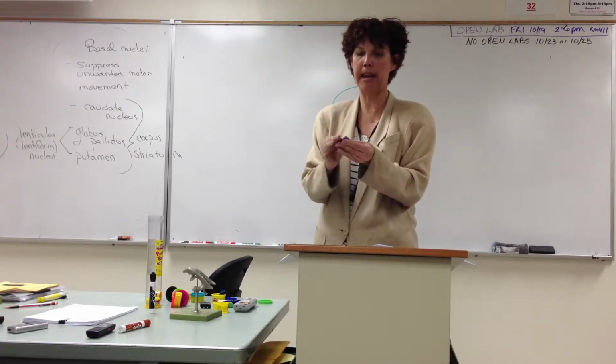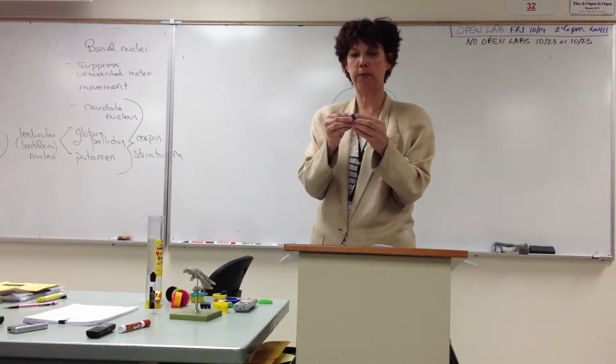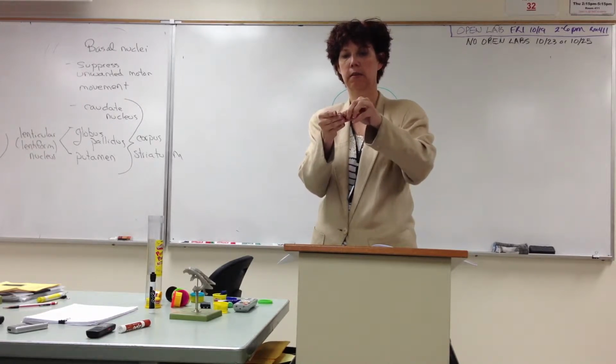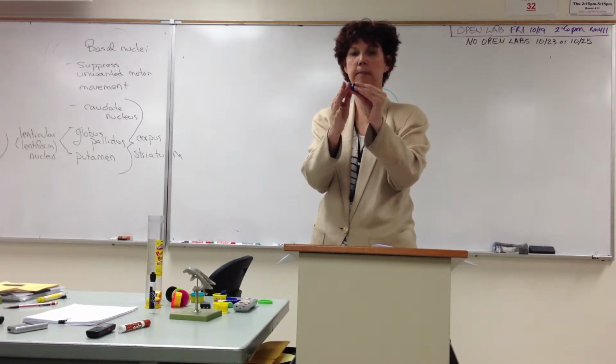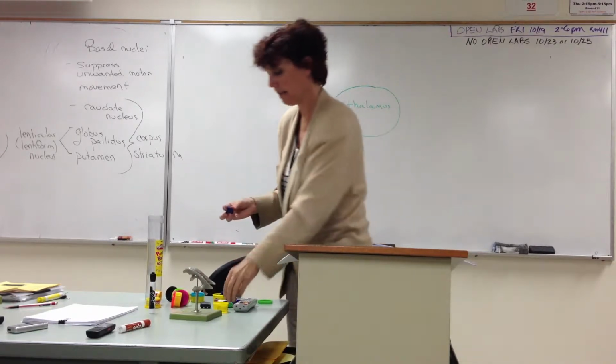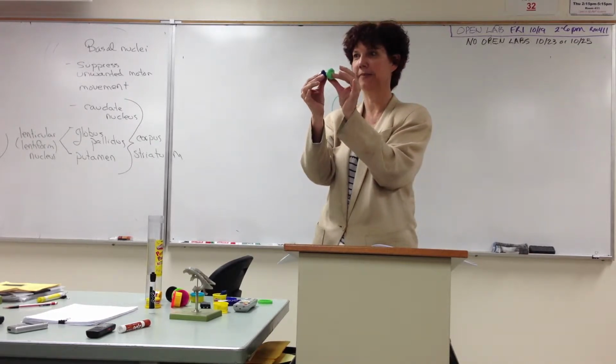So it's going to have a base, and it's going to have a pointy region. All right, it's kind of shaped like a pyramid. And the pyramid is pointed towards the thalamus. Okay?